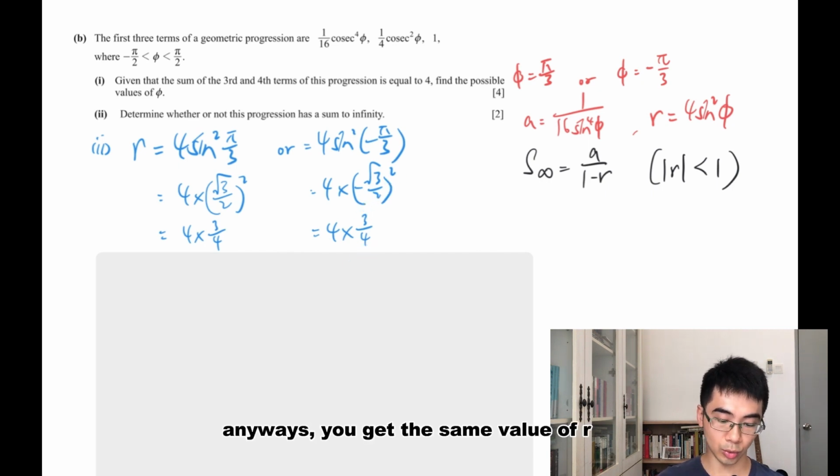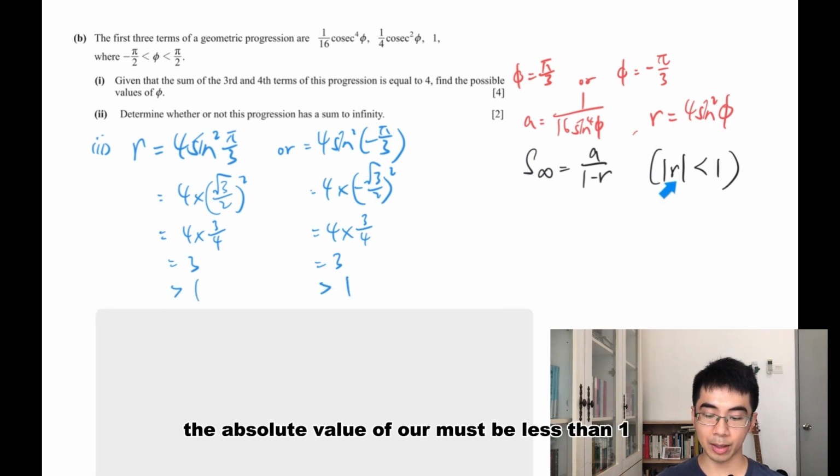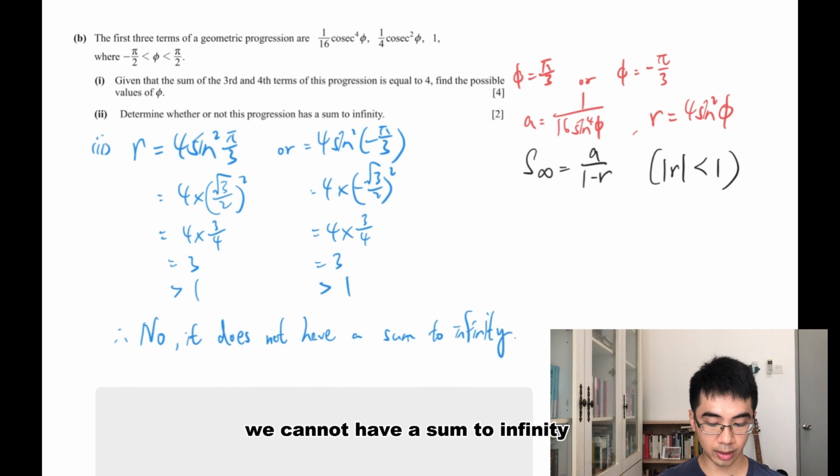So either way, you get the same value of r, which is 3. It must be 3 for either case. So r is more than 1, but the absolute value of r must be less than 1. So for both cases, we cannot have a sum to infinity here.